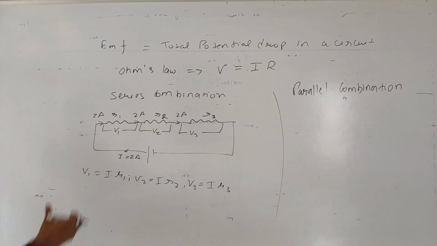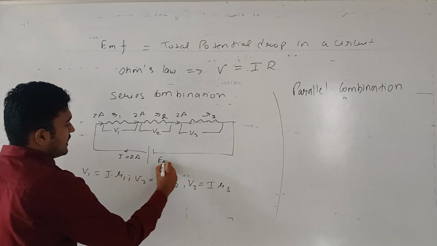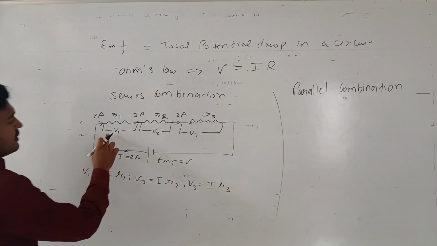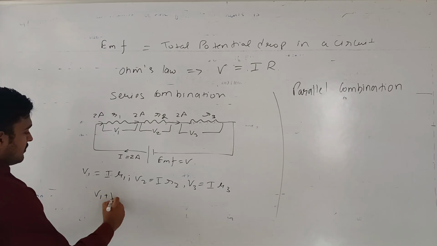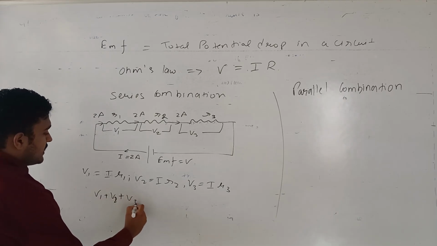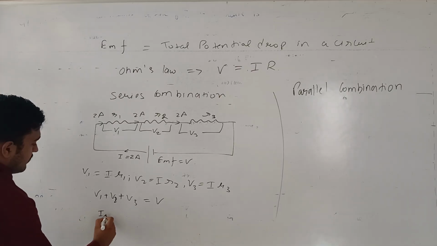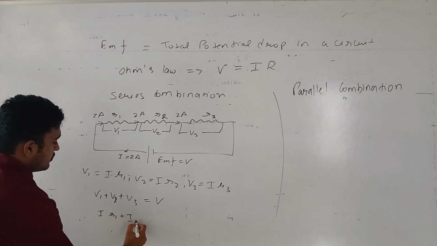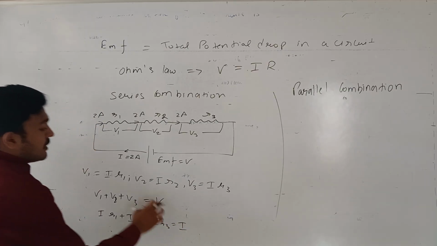Equivalent resistance means: instead of these three resistances, if we use only one resistance, then what will be the value of that resistance? We know that V1 plus V2 plus V3 will be equal to the total potential, the EMF V. Therefore, I into R1 plus I into R2 plus I into R3 will be equal to I into R equivalent.